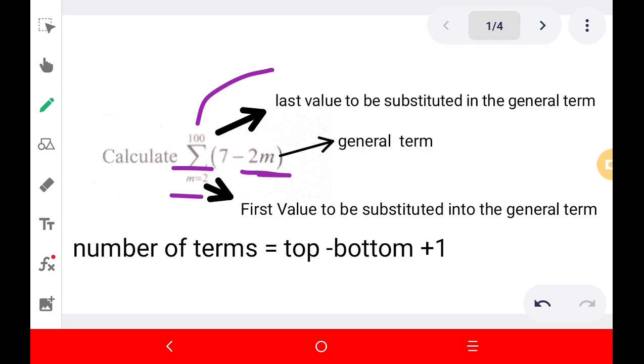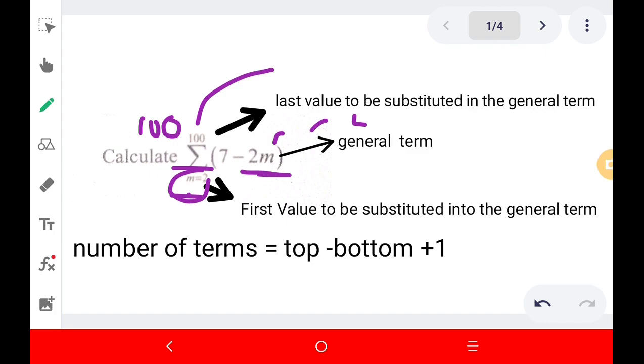At the bottom, you have the first value that you need to substitute to get your first term. So basically, we're going to start with m is 2, substitute it here. And then we'll substitute m is 3, and then m is 4, up until we get to m is 100. And then we are going to add that up.